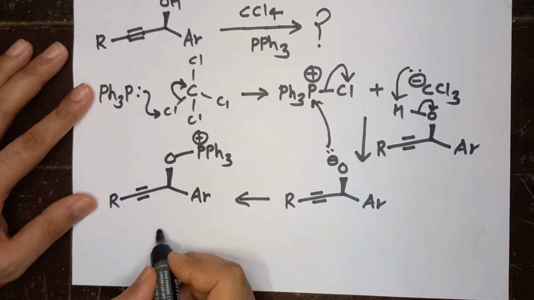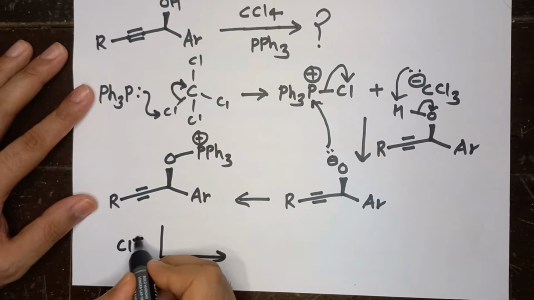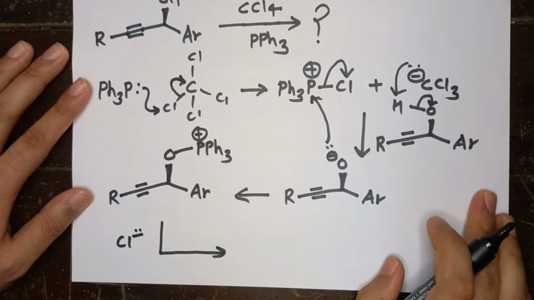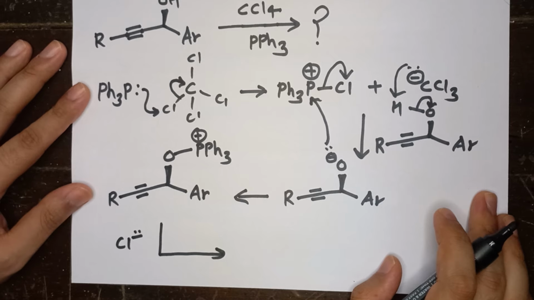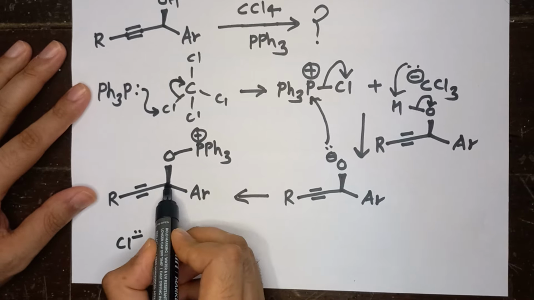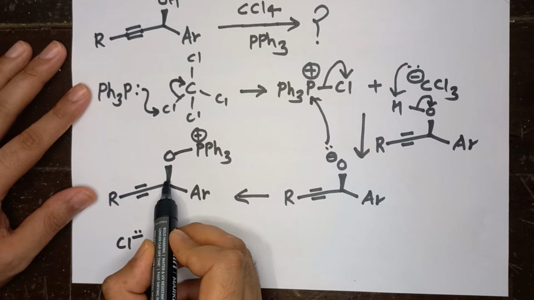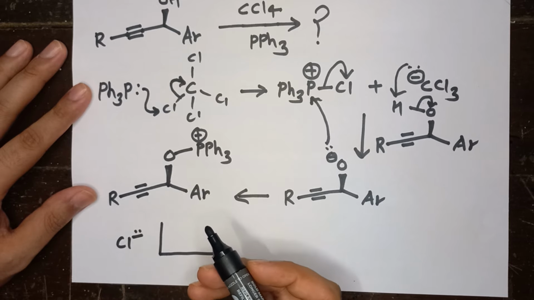Now at this point we have just removed Cl minus, that can come back. So now what do you think? Where this Cl is going to attack? So ideally it should attack at this carbon and should form a Cl bond here below the plane, because this O is present above the plane.